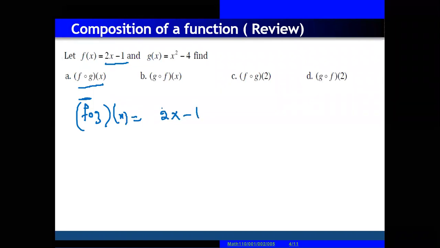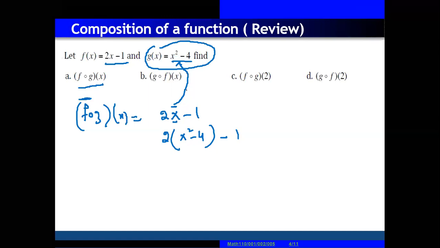Replace x with the g function, and we know that g is equal to x square minus 4. So replacing x by x square minus 4, and we have minus 1. So we just replace x with the total g function, and g of x is equal to x square minus 4.